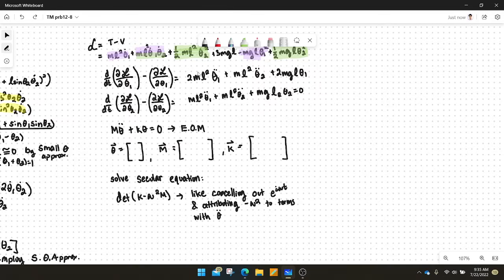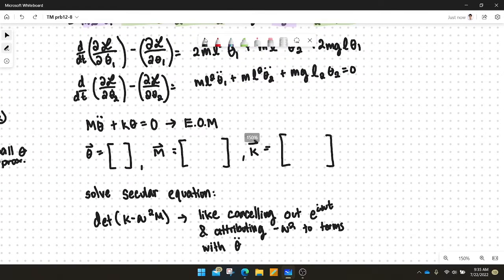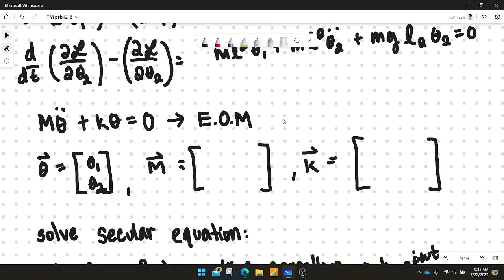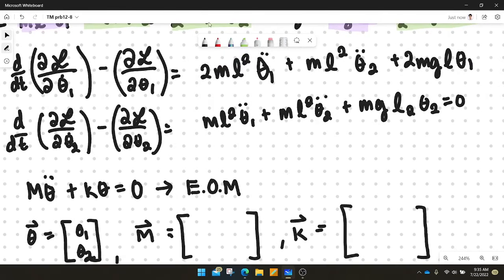So we're going to represent both of these equations in one equation using matrices. If we put down theta 1, theta 2, we can represent this as a matrix multiplication operation between the M matrix and the theta vector.